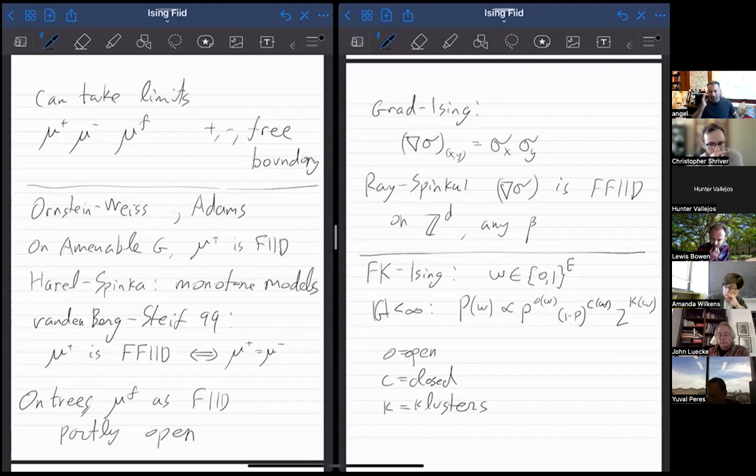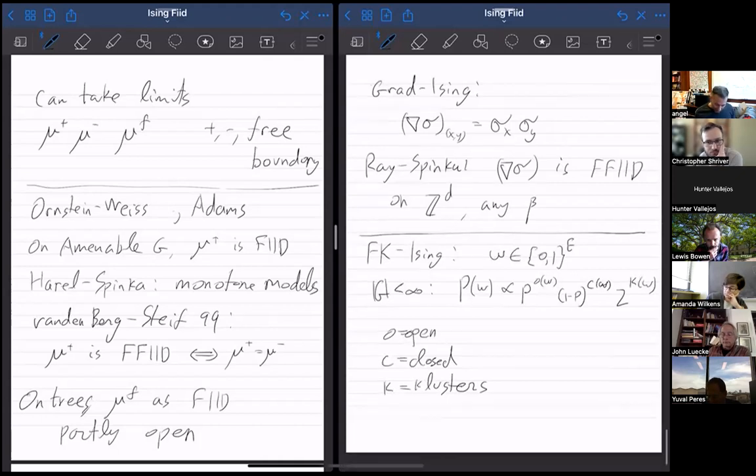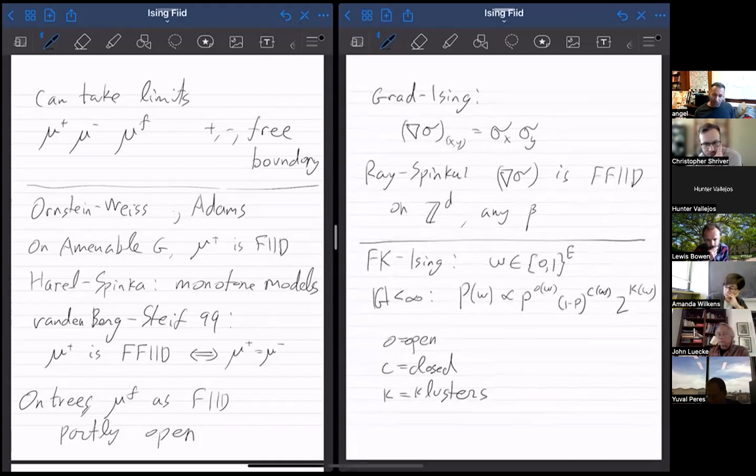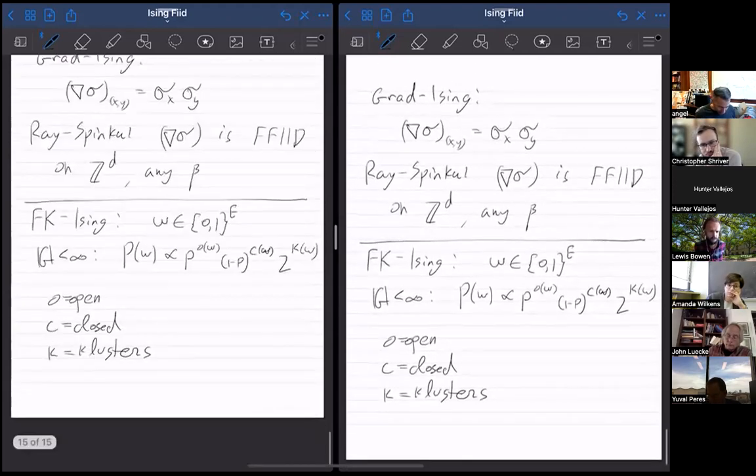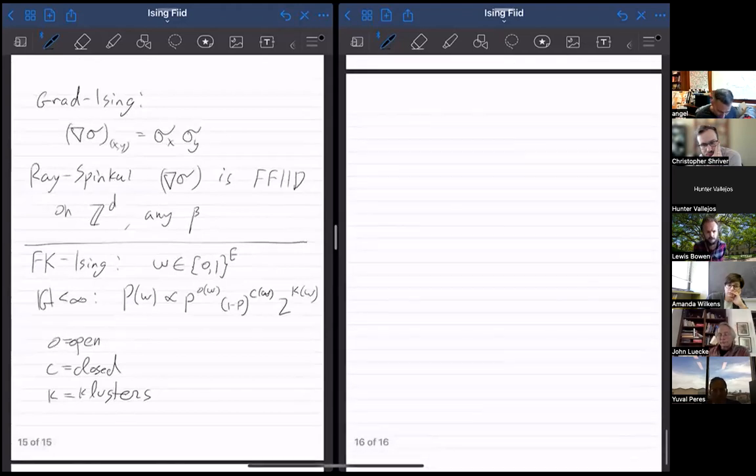On a finite graph, this gives you a measure, and you can generally replace the 2 by a general q, which gives things related to the Potts model. So that's what you do on a finite graph, and you can again take free and wired limits, which we denote by phi f and phi w.